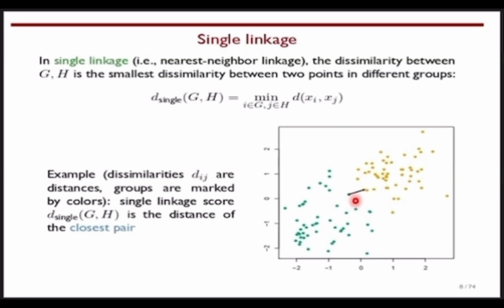If I'm looking for a linkage that will work, if I want to put a cell phone on a tall building in New York City, I'm not going to use single linkage, because single linkage will lead to a situation where the clusters are going to spread out. You want to minimize the distance between the closest.